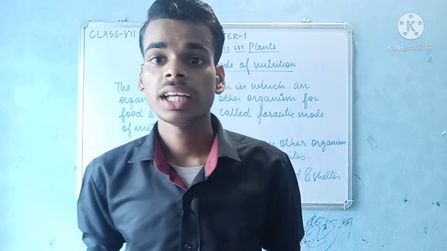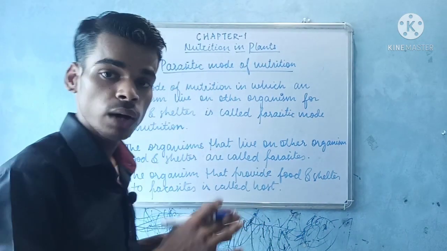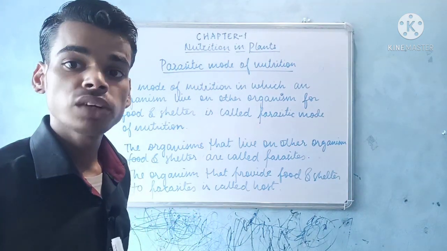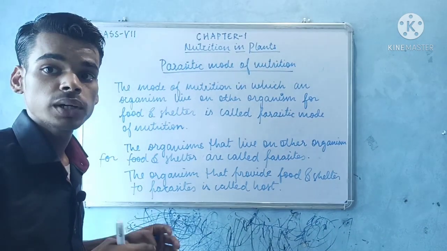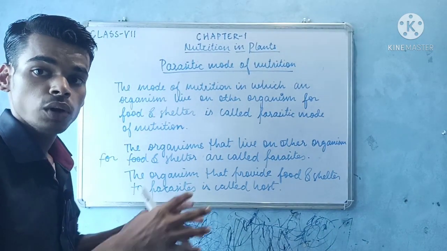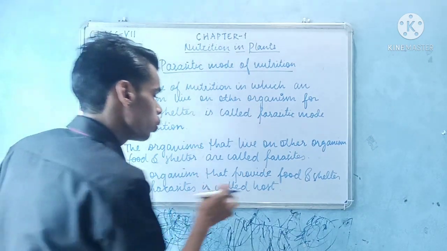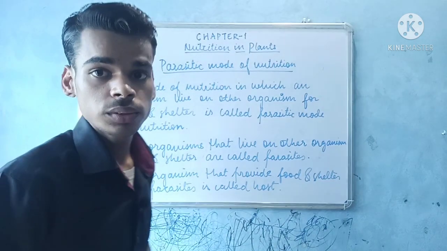Often some guests come to your house, so the guests that come to your house are the parasites, and you are serving dinner to them, you are giving many facilities to them, but you do not get any benefit from them, so you are the host and your guest is the parasite. Understood?